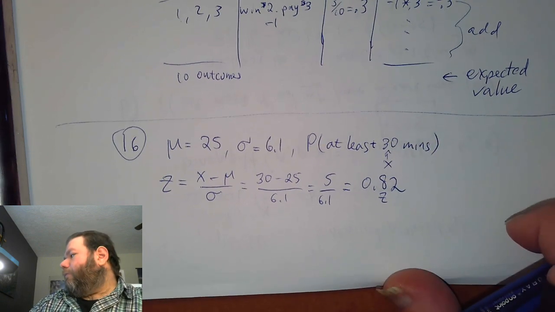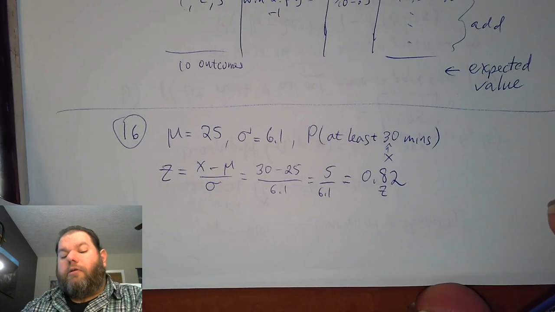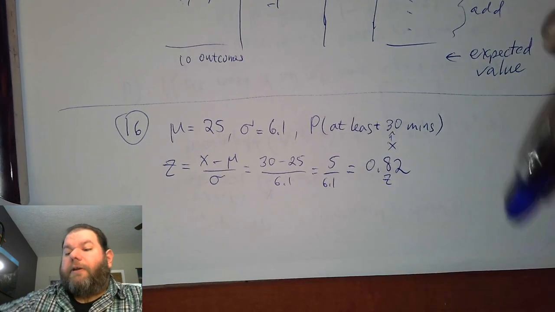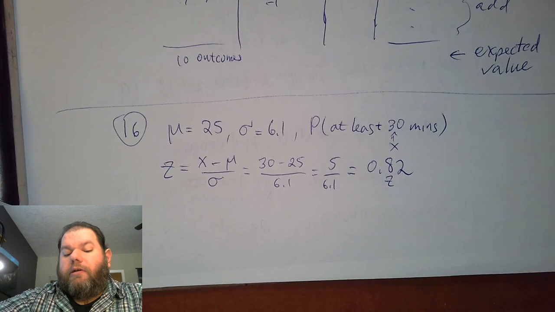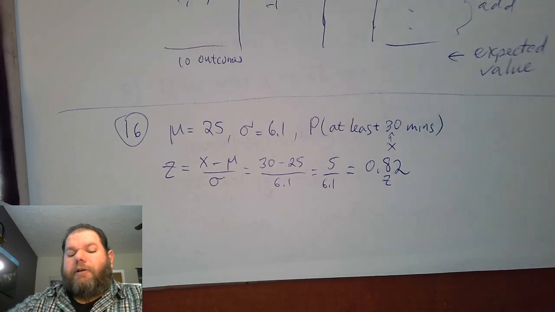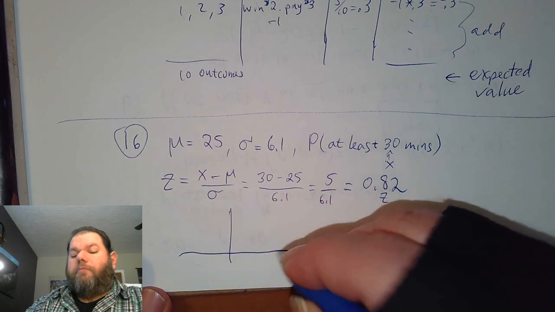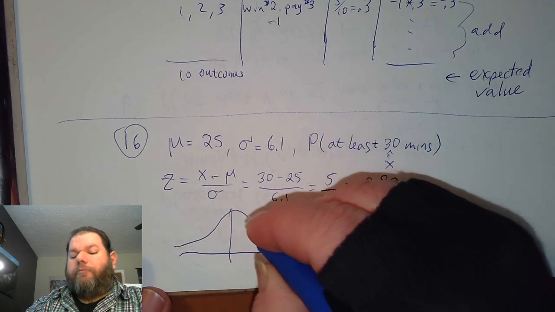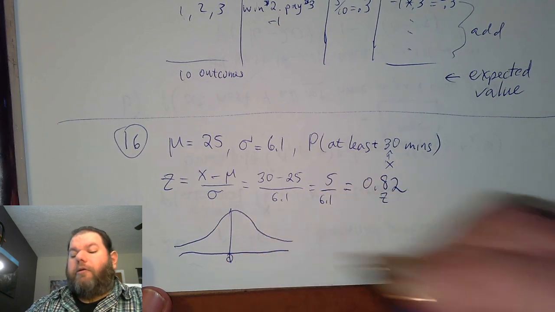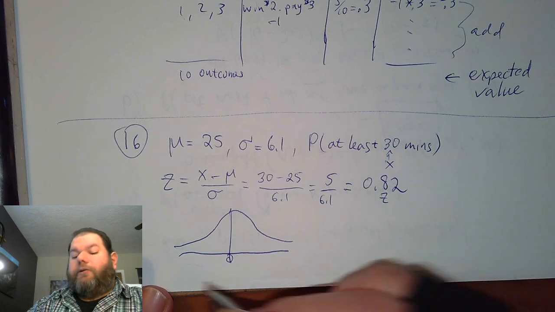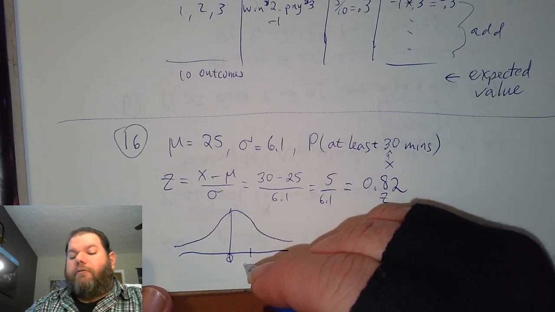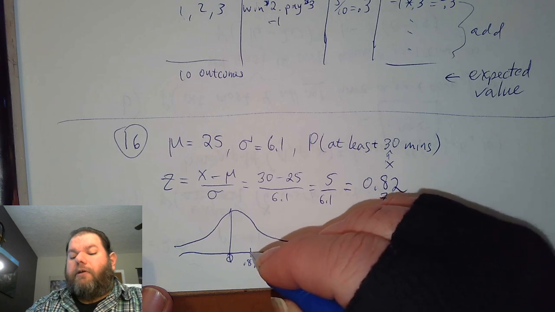You don't have to make a graph, but I think it does help. The zero's in the middle, so 0.82 is on the right.